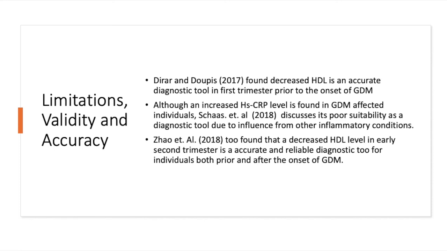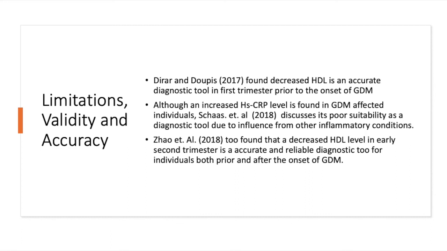As the article we selected has removed individuals who develop other inflammatory conditions throughout the duration of the investigation, the results of the hs-CRP level do indicate there is a strong relationship between inflammation and insulin resistance, but it cannot be accurately and reliably used as a diagnostic tool for individuals at risk of developing GDM due to interference from other forms of inflammatory conditions.